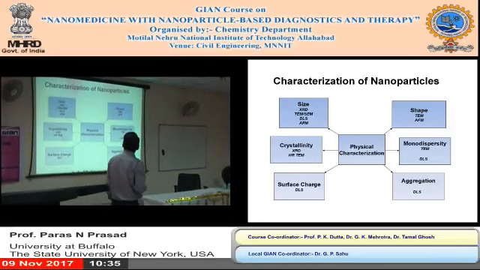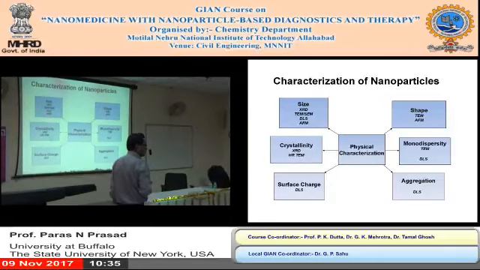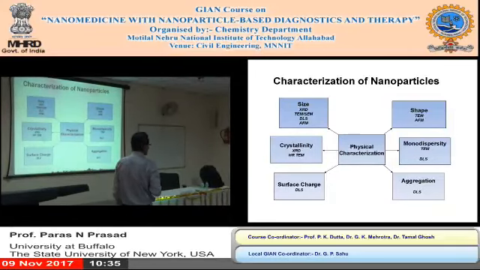So how do we determine that? EM, transmission electron microscope. With that you can actually see the size and the shape together. And you can get information on the size, that's called hydrodynamic radius, the effective radius of nanoparticle dispersed as a colloid, by dynamic light scattering.